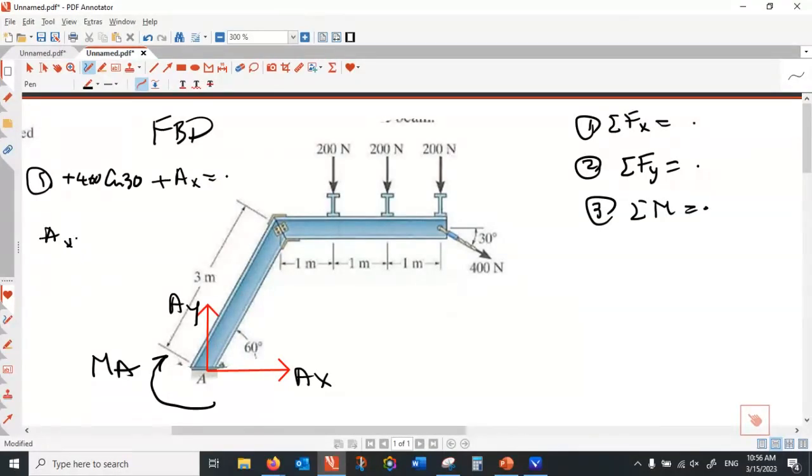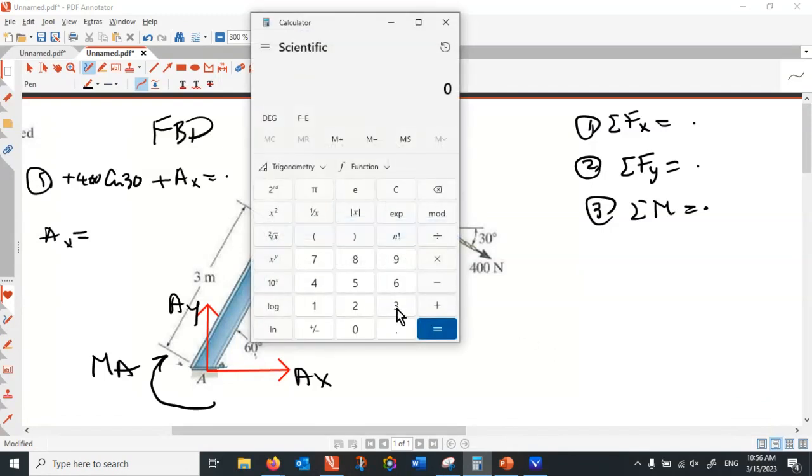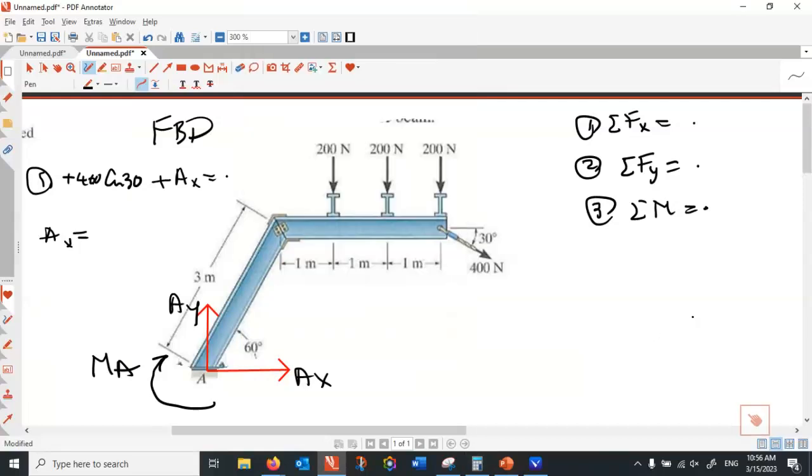So AX is minus 400 cos 30, which is cos 30 multiplied by 400, 346. And the unit is Newton, right? Because everything is in Newton.